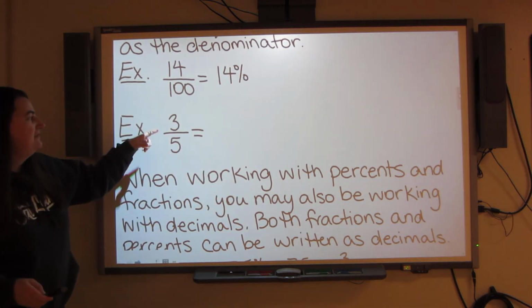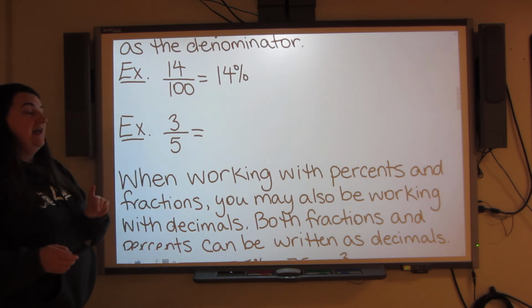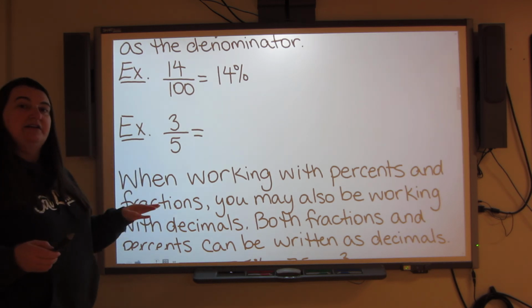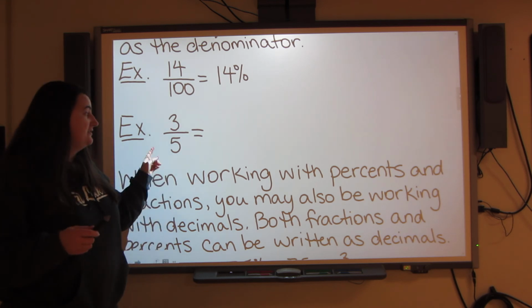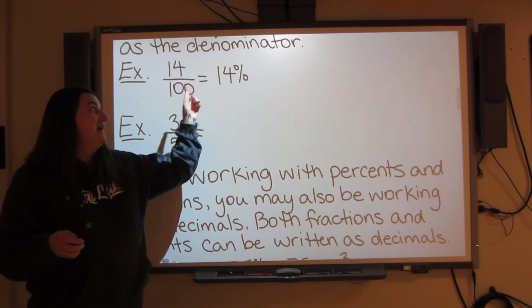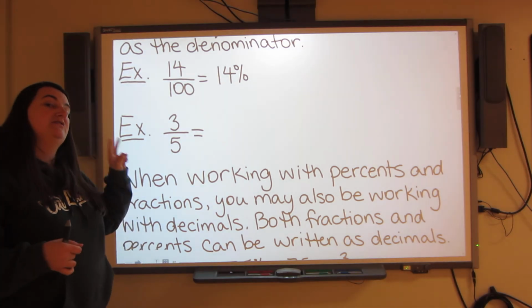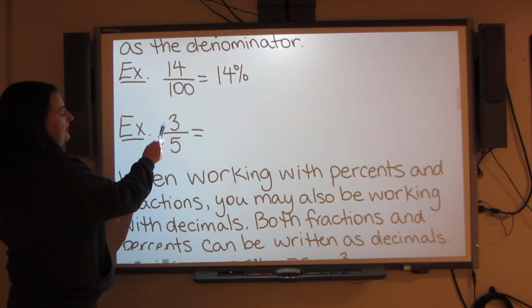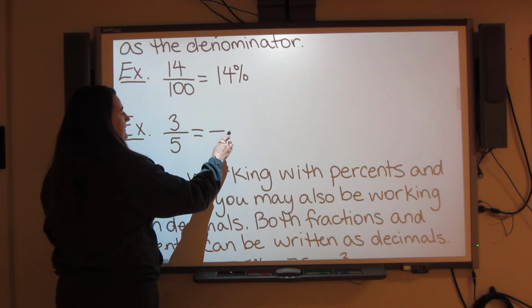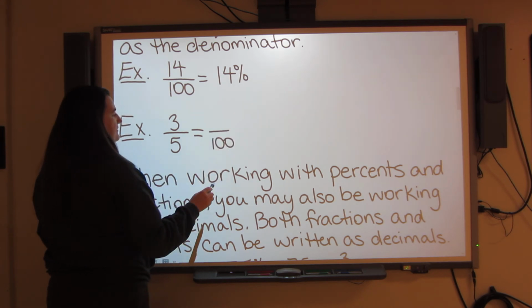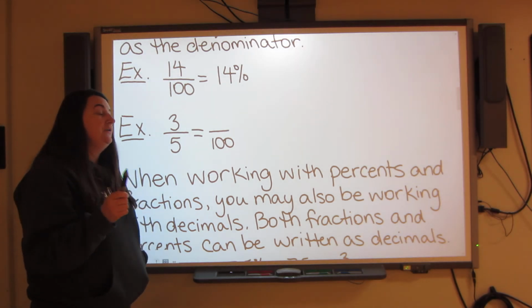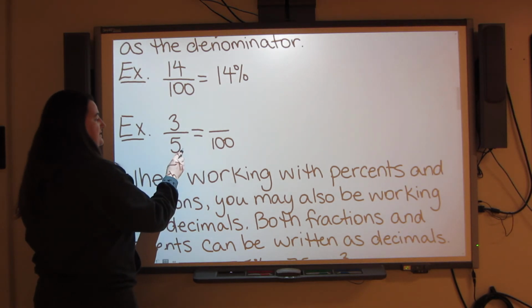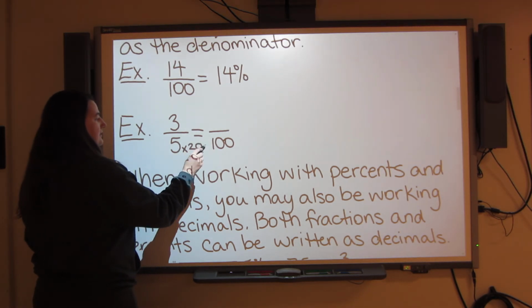But what if I have a fraction and it doesn't have 100 on the bottom? I need to find an equivalent fraction with 100 as the denominator, and then I can turn it into a percent. So this is 2 steps. I need to turn 5 into 100. So using your 100 math facts, you know that 5 times 20 is 100.